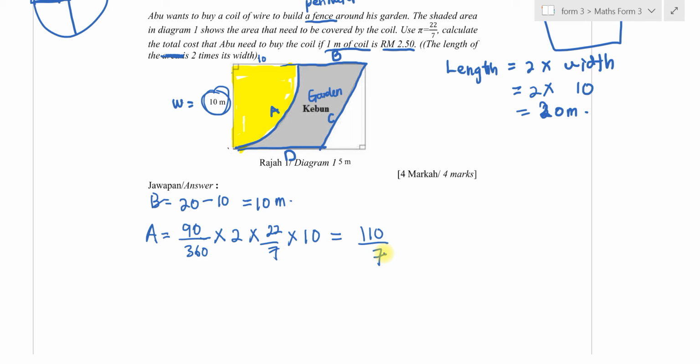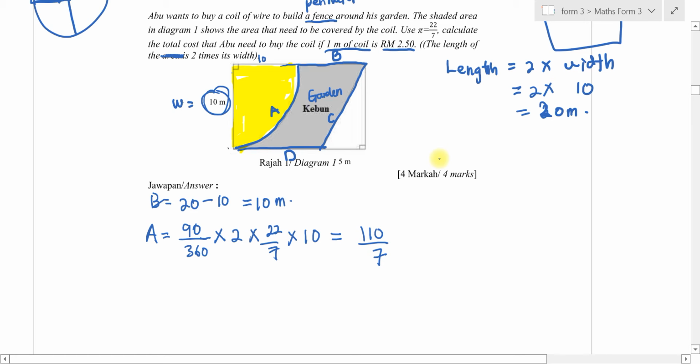Sir, I get different, sir. I get 220 over 21. Please calculate again. Wait, sir. Yeah, correct, sir. Okay, A is settled already.